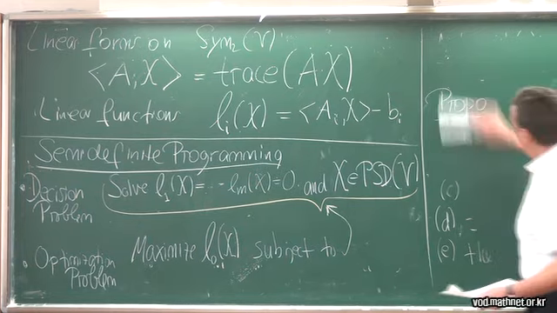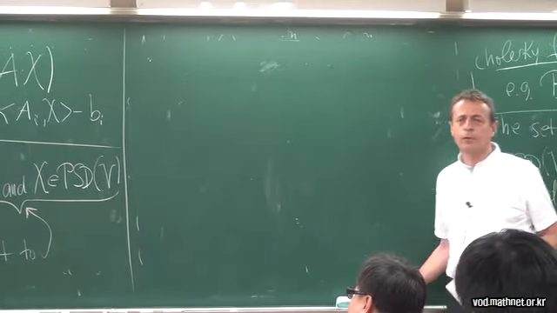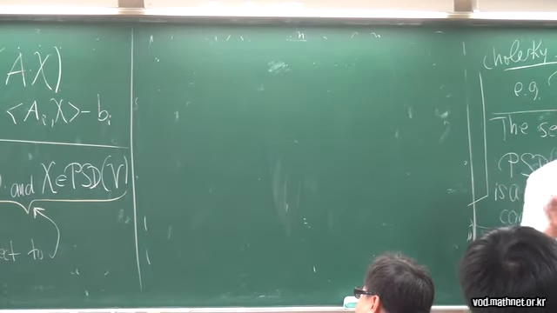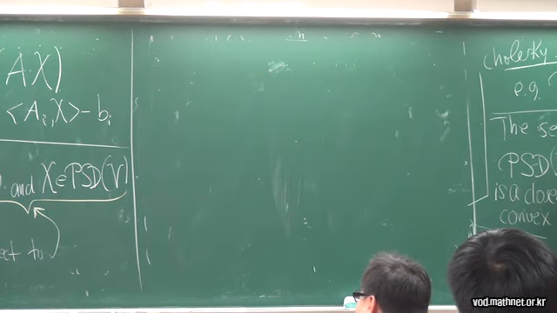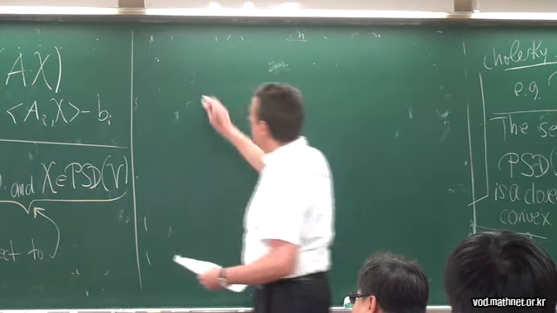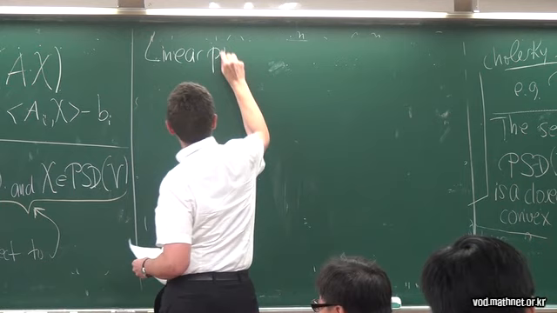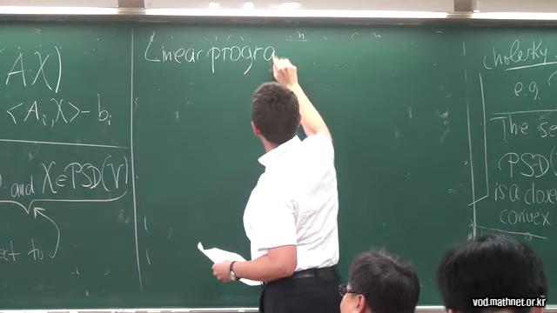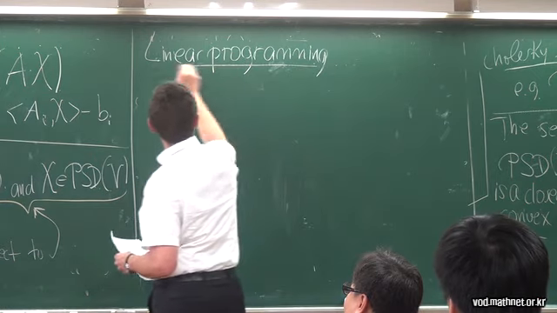Now, maybe let me take a poll. Who here is familiar with or has heard of semi-definite programming? So 1, 2, 3. Okay, about a third. Now, probably more of you are familiar with linear programming.